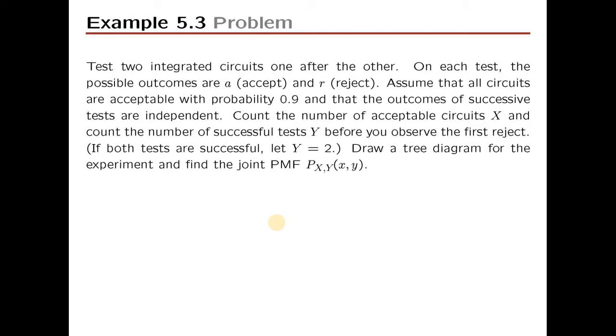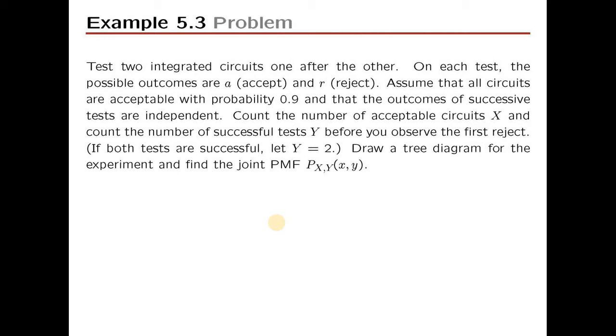Count the number of acceptable circuits X and count the number of successful tests Y before you observe the first reject. If both tests are successful, let Y equal 2. Draw a tree diagram for the experiment and find the joint PMF.